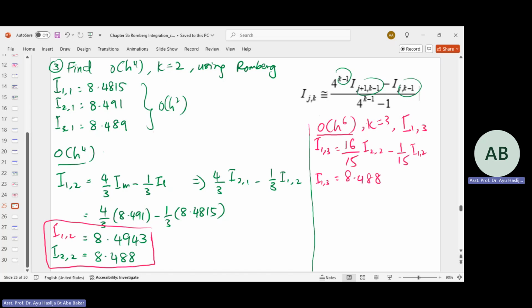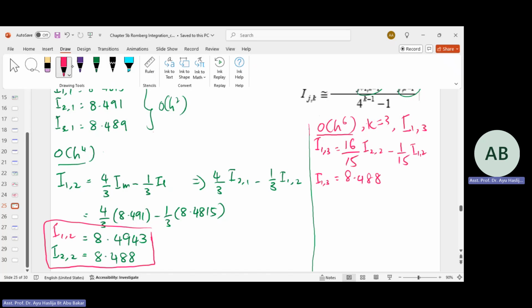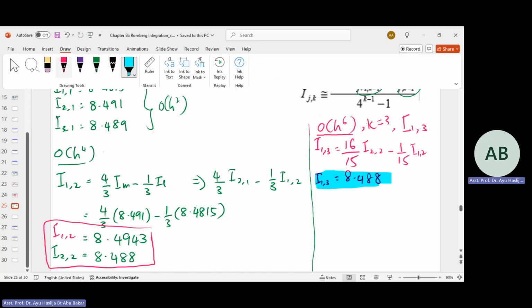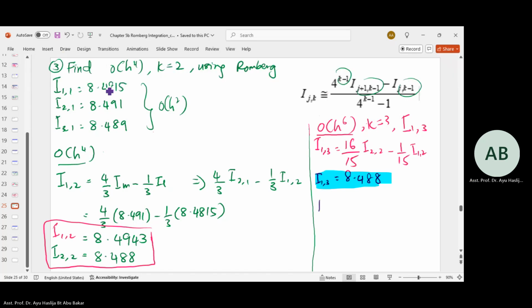Okay, now this is your final answer. But the question also asks you to find out the error. True error and approximate error. Now, what is your true value? True value.